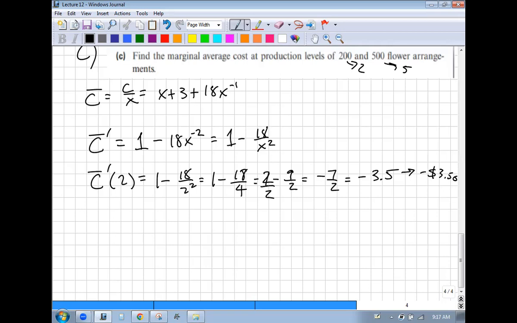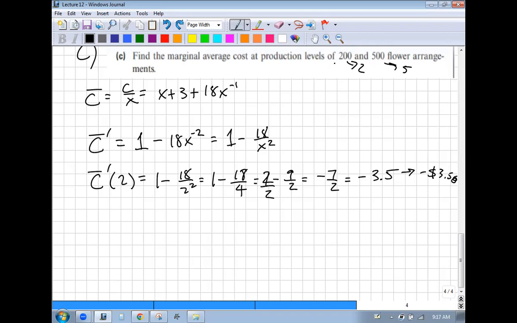So what does this mean? Marginal average cost. That means when we go from 200 to 300, our average cost goes down by $3.50 per arrangement, right? So it's the combination of marginal and average, right?